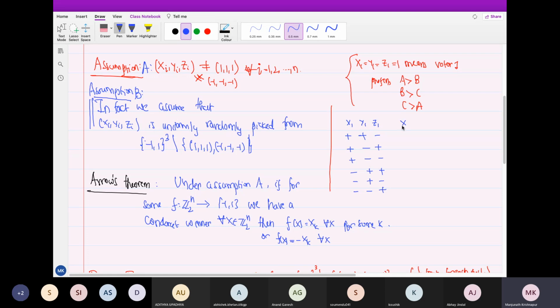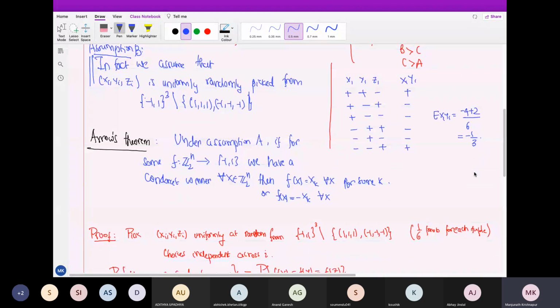So what is x1 y1 in each of these? In this case it is plus, in this case it is minus, in this case it is minus, in this case it is minus, in this case it is minus, here it is plus. So the expectation of x1 y1 is actually minus 4 plus 2 divided by 6, which is minus 1 by 3. Okay, so that's the expectation, an elementary calculation.